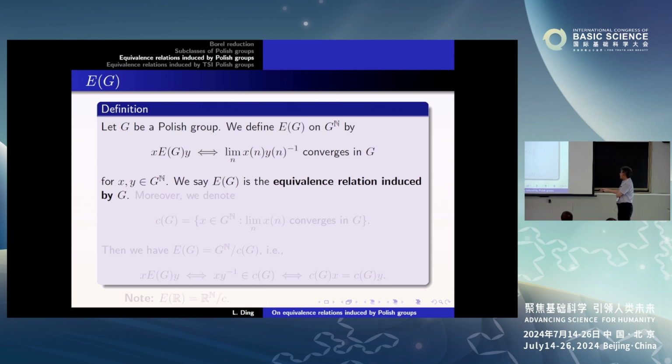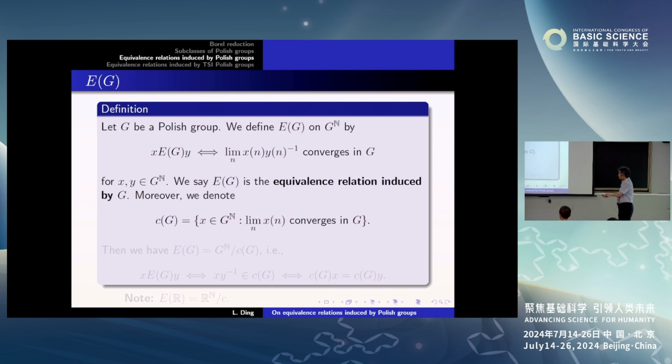X and Y are sequences in G. Then we say X and Y are equivalent if and only if Xn Yn inverse converges in G. We say this EG is the equivalence relation induced by G. Okay.